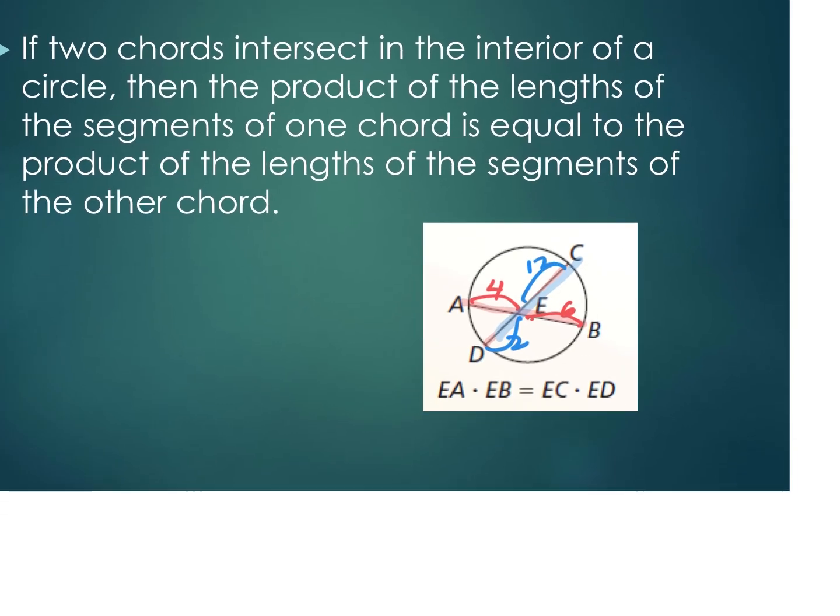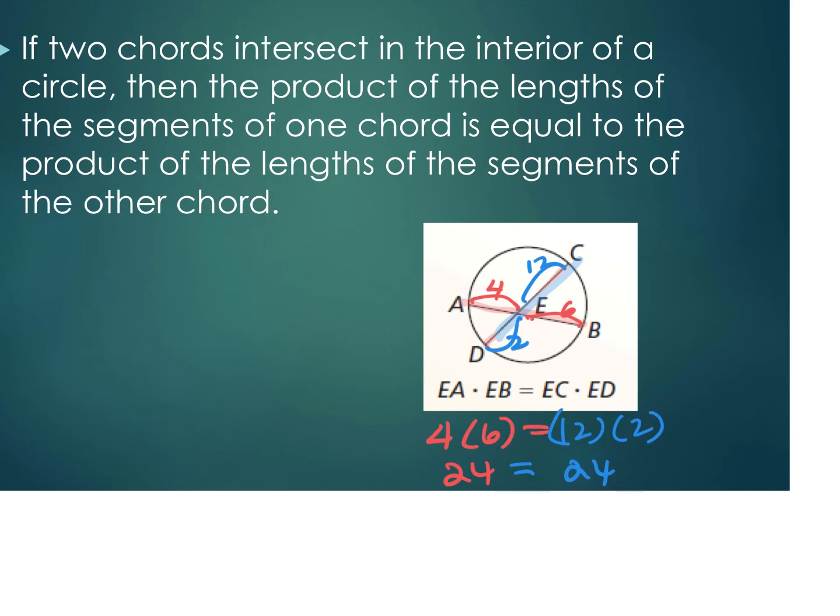So if you plug it in, EA is 4 and EB is 6, and I set that equal to DE times EC, 2 times 12. Notice their products are equal, because 6 times 4 is 24, and 12 times 2 is 24.